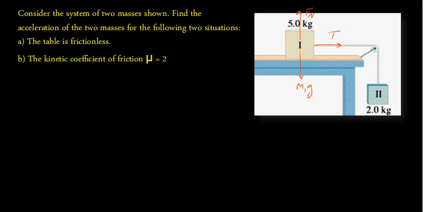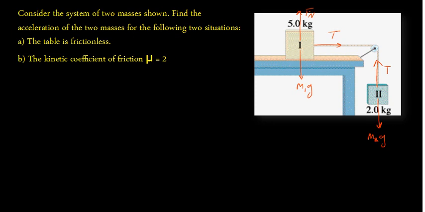Now for block 2, I will have M2G, and I will also have the tension. There is no need to call it T1 and T2 because it's the same rope generating the tension on each block, so it's the tension.